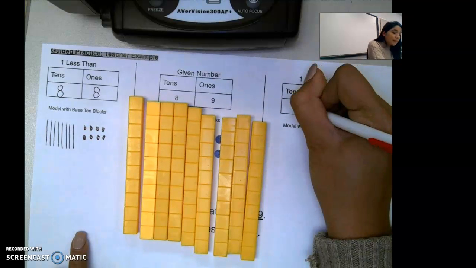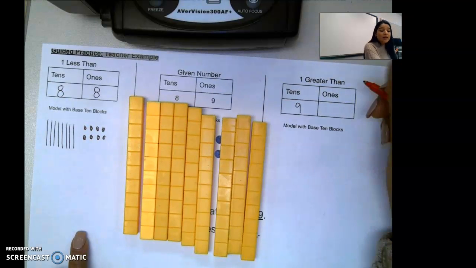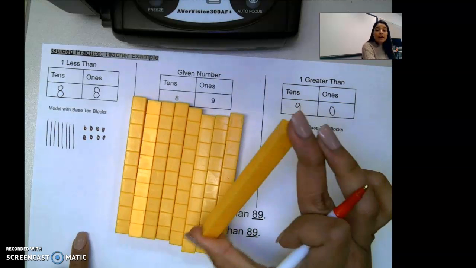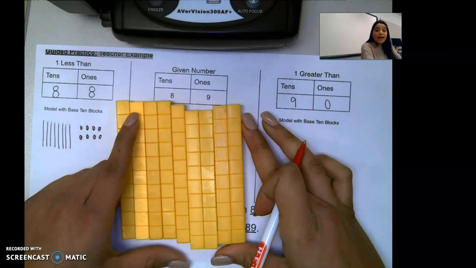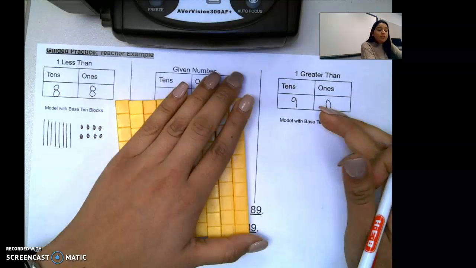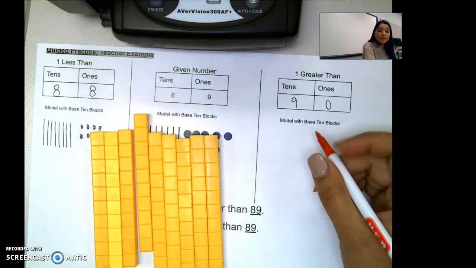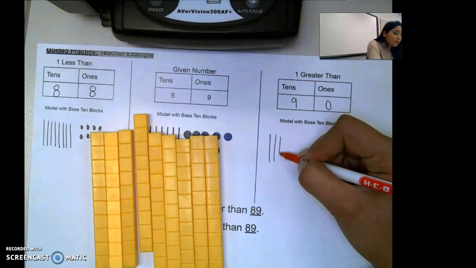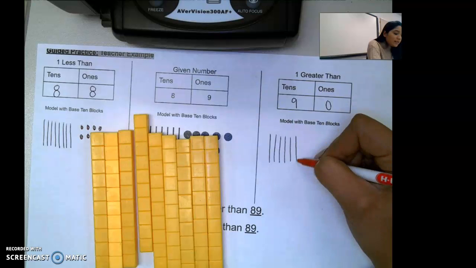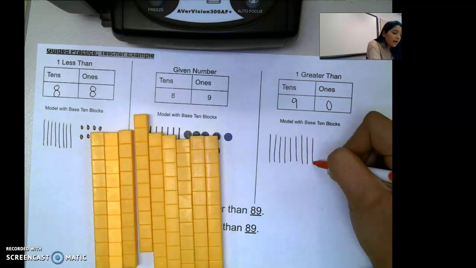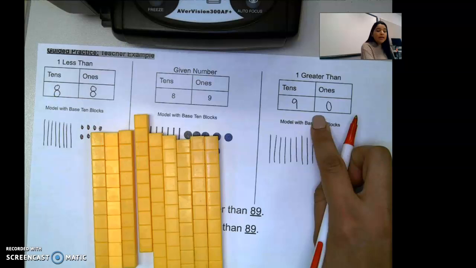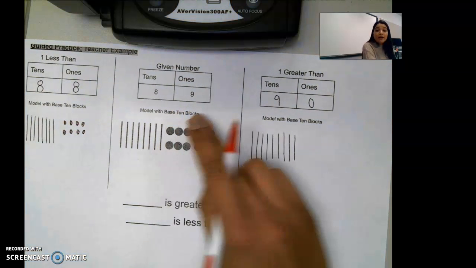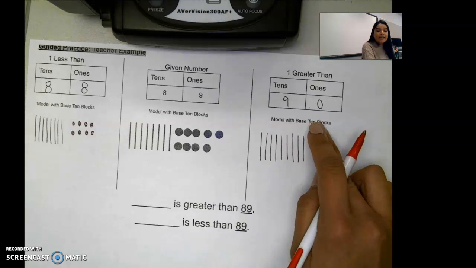And how many ones? 0, because remember we switched it out for a 10 long because we had 10 ones. We're going to go ahead and draw our 10s. 1, 2, 3, 4, 5, 6, 7, 8, 9 10s, and 0 ones. So when we added 1 to 89, we got 90.